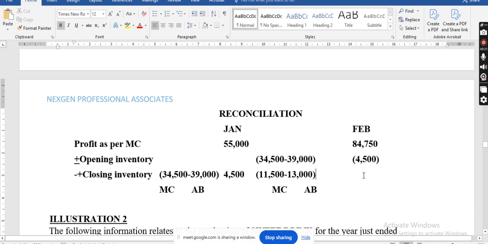Now, which one is greater? The closing inventory here is 11,500. 11,500 is lesser. When it is lesser, you add the difference. Quickly, what is the difference?